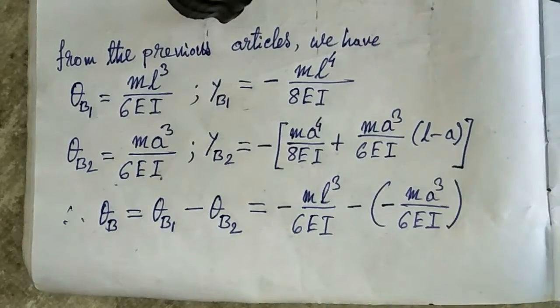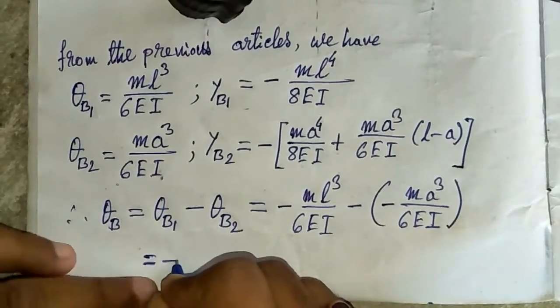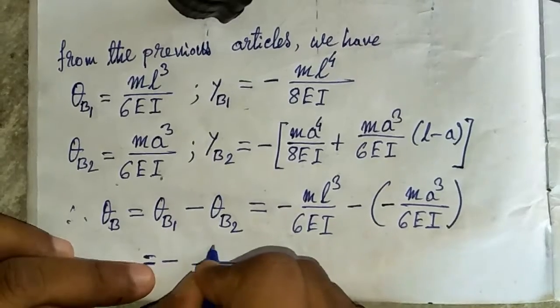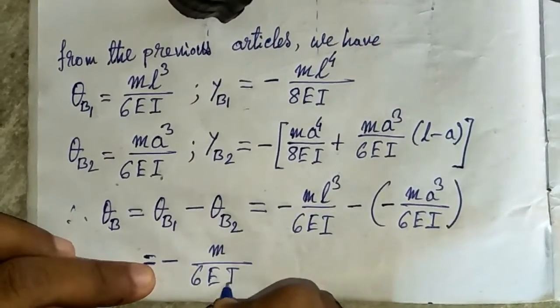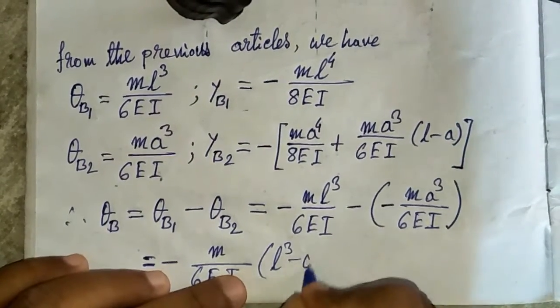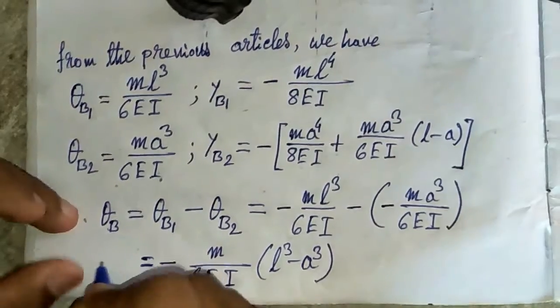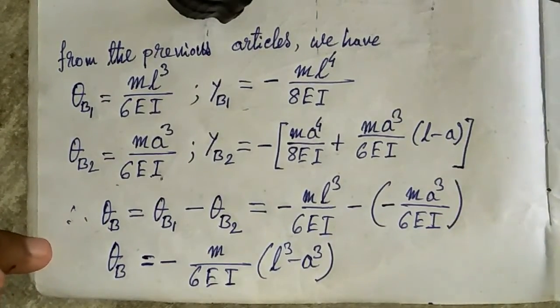So the resultant value of theta b is minus m by 6 EI into L cube minus A cube. So this is the value of theta b, or the slope.